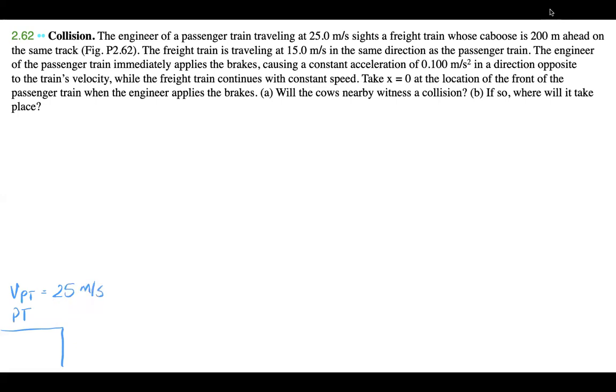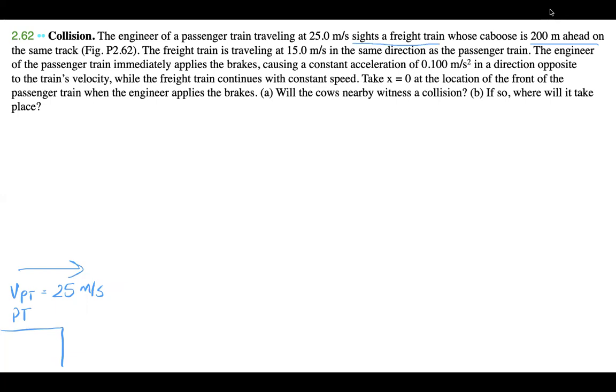The engineer of the train sights a freight train whose caboose is 200 meters ahead. The train is going this way. That's the direction that it's moving.